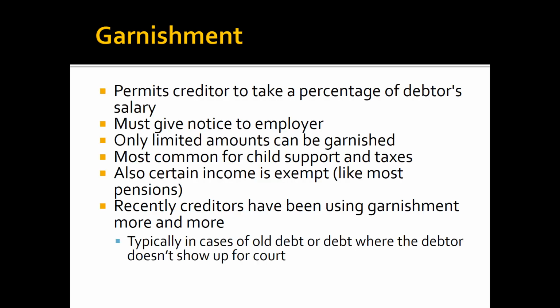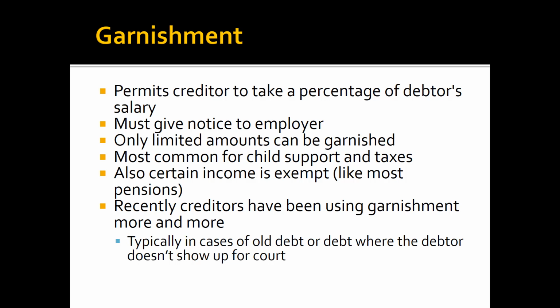Now the next type of remedy is a garnishment. And these used to be a lot rarer than they are now. When I first started practicing law, the most common thing I saw it for, by far, was child support followed by taxes. What this essentially does is you never see the money.